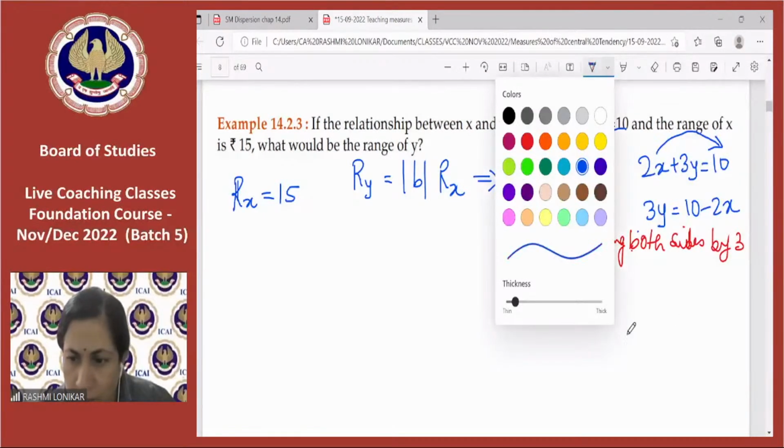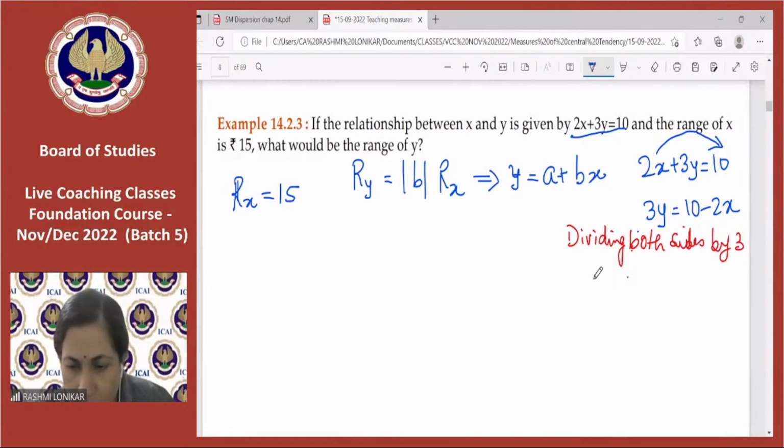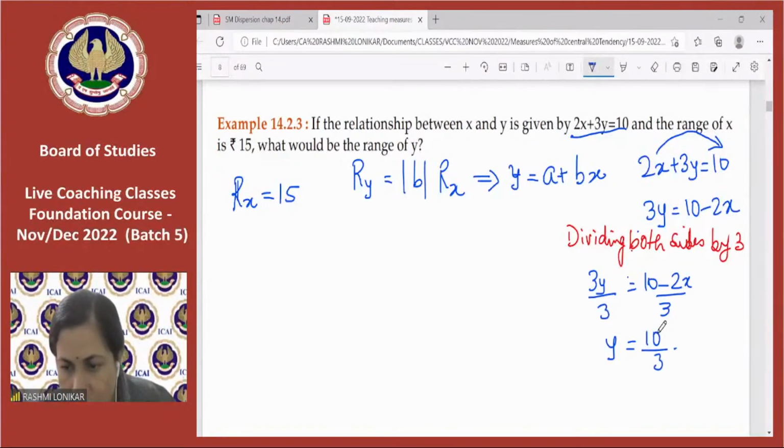Then what will happen is 3y upon 3 is equal to 10 minus 2x upon 3. So this will become y is equal to, now I don't want it in this way, I want the a plus bx form. So this is 10 upon 3 and minus 2 upon 3x.